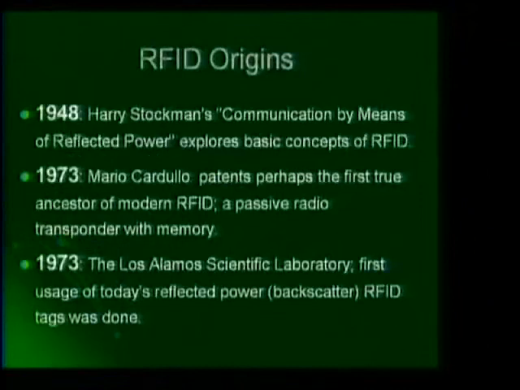So basically, the first uses of an RFID-like technology was around World War II, when the fighter pilots were flying up in the air. They used a system called IFF, which was friend or foe recognition. And this could be like the grandfather of RFID. Basically, it let the Allied pilots know that this is an Allied plane, don't shoot them. This is not an Allied plane, let them have it.